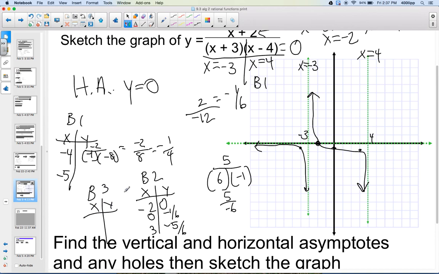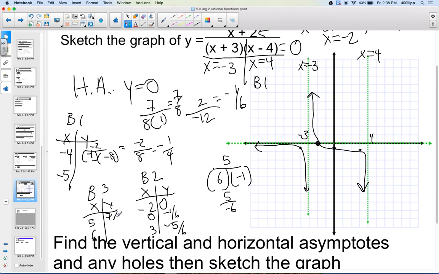The last branch is going to be branch 3, and we know we have to plug in values that are bigger than 4, so we can plug in 5 and 6 and so on. Really we just want to see, is the branch going to be positive above or negative below? So let's plug in 5. 5 plus 2 is 7, over 5 plus 3 is 8 times 5 minus 4 is 1, and that's positive, so 7/8.